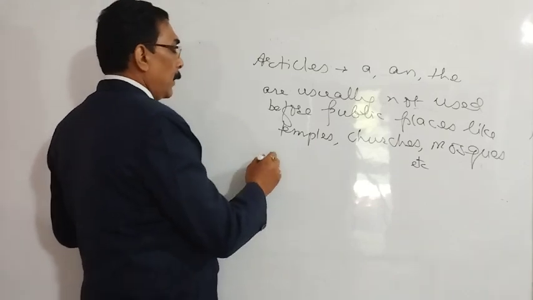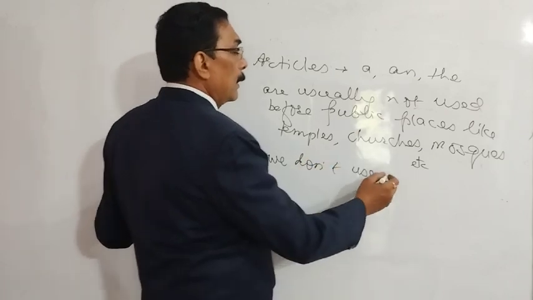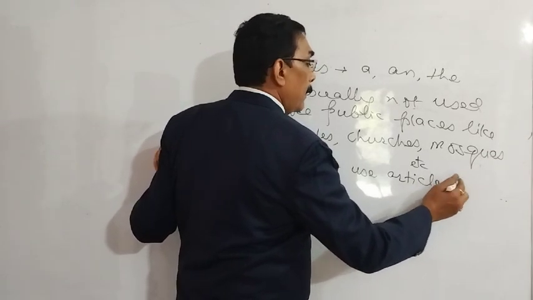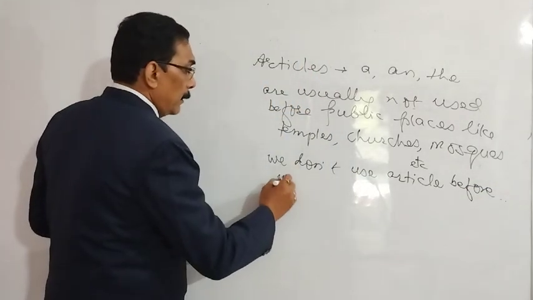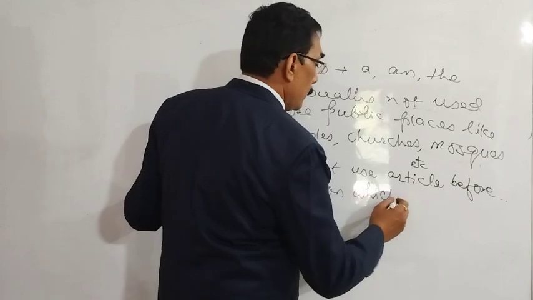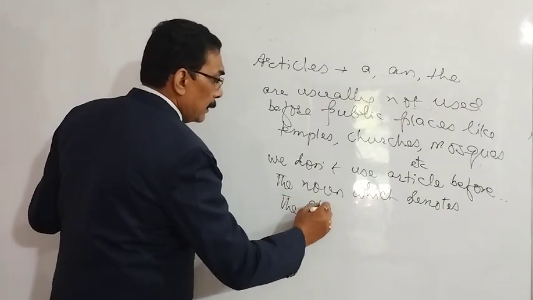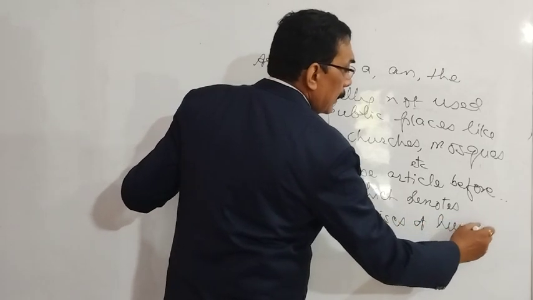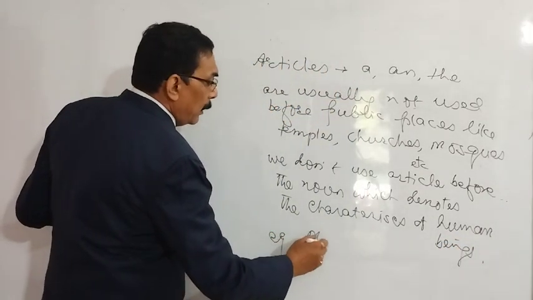For these, we don't use an article. We also don't use an article before a noun which denotes the characteristics of human beings, like "man is mortal."